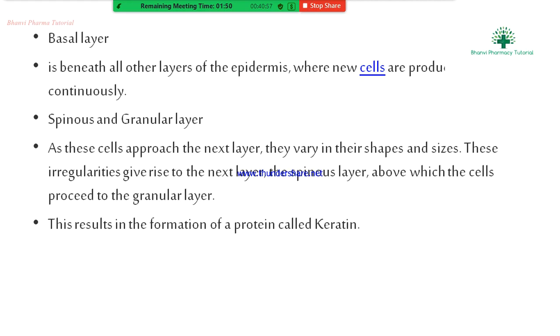Next, the spinous and granular layers. As these cells approach the next layer, they vary in their shapes and size. These irregularities give rise to the next layer, the spinous layer, above which the cells proceed to the granular layer.